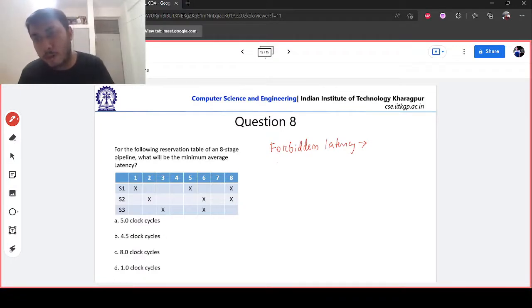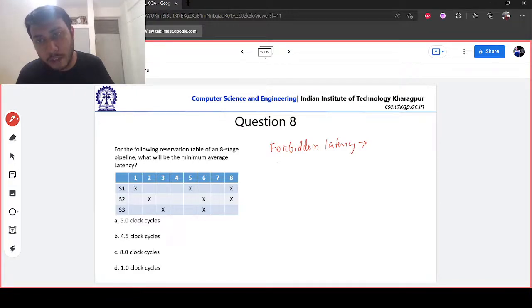To find them, you need to subtract the distance between every x in each row. In this case, for S1 the x's are in positions 1, 5 and 8. So what is the difference between 1 and 5?